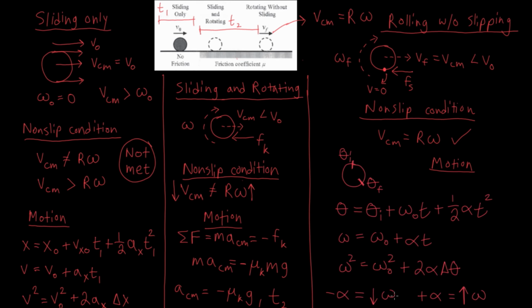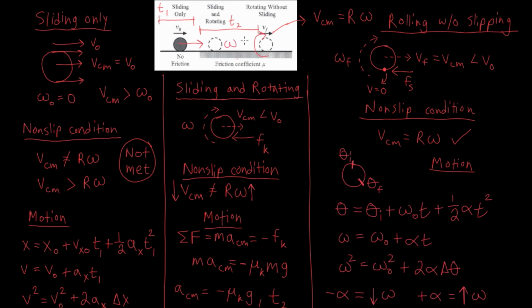So as the object went from sliding only to sliding and rotating, the angular speed actually increased because it went from an angular speed of 0 to something greater than 0. In our diagram, one way to look at it is that initially the object had only translation and no rotation, but in the final position, in which the object is rotating without sliding, it is going to rotate and translate as well.